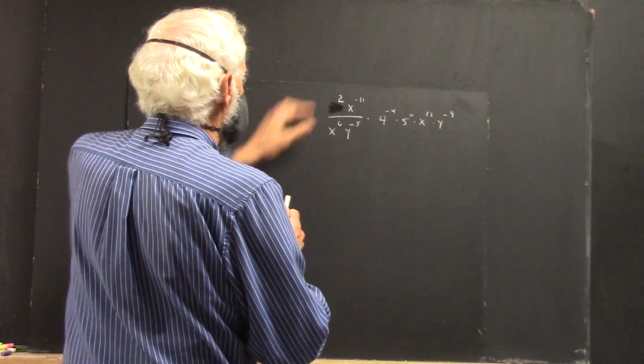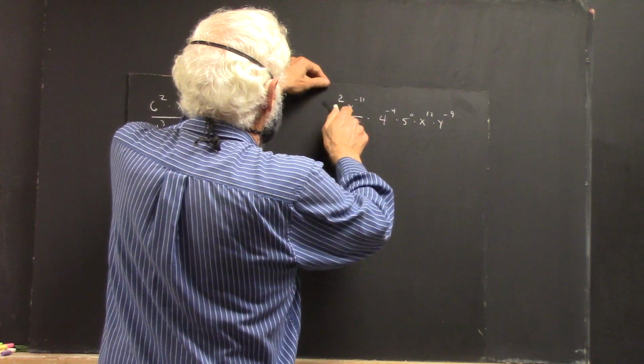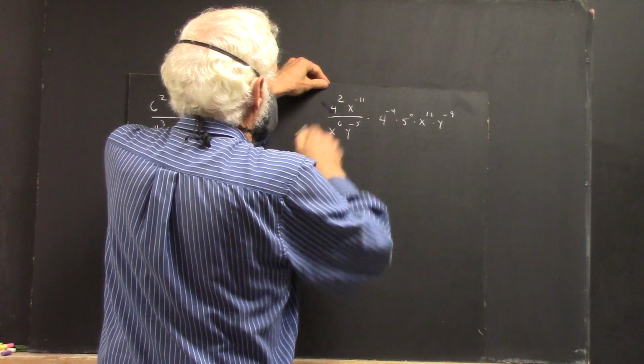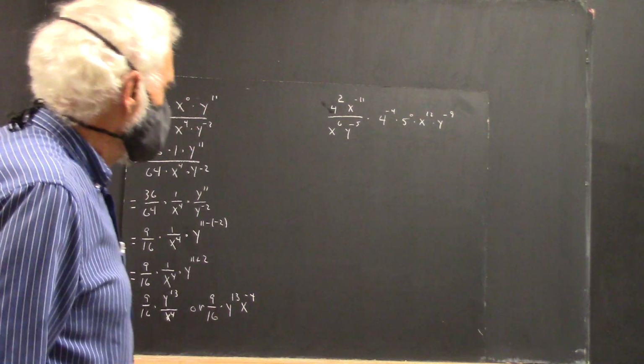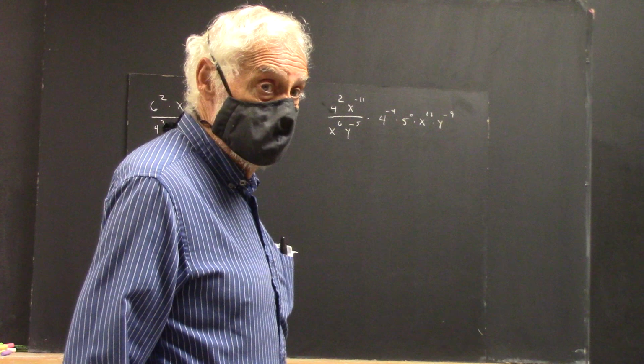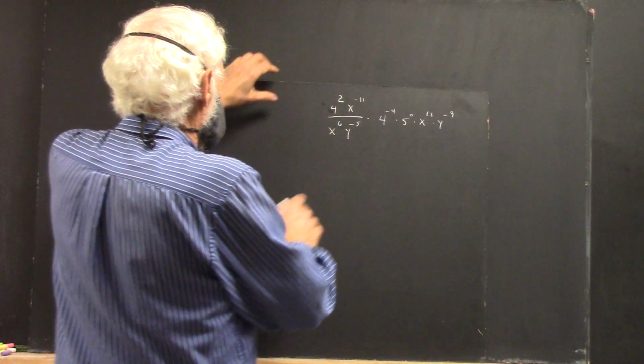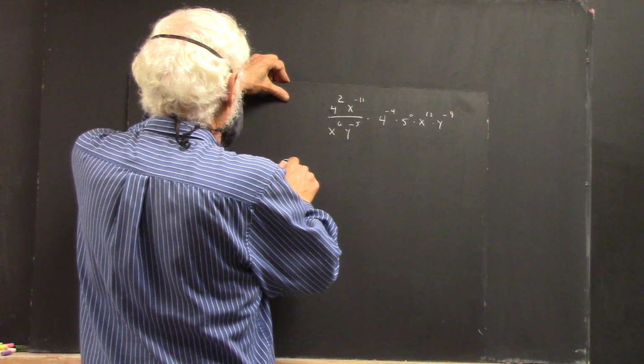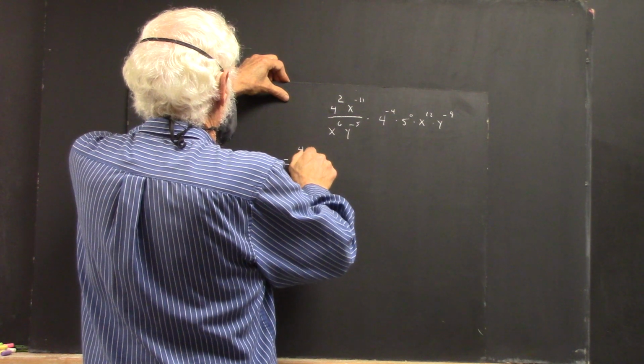So that'll be 4 squared. Okay? Now, we do this times all this, right? There are a lot of ways to shortcut this, but I'm going to go ahead and write it out.